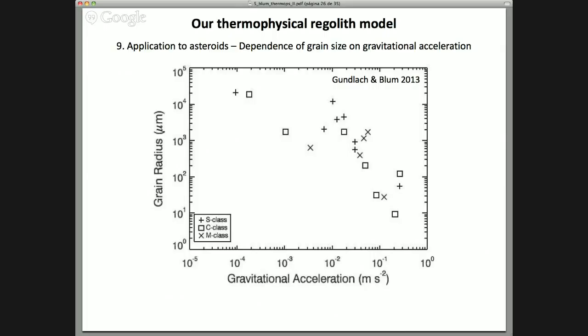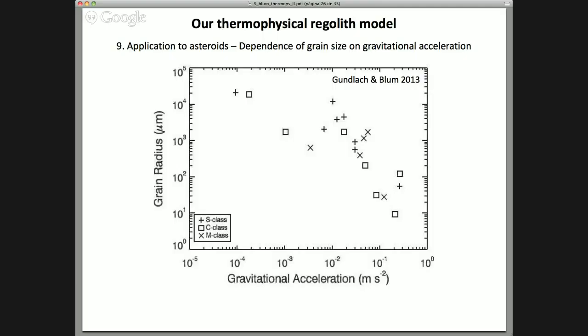The higher the gravitational acceleration, i.e. the bigger the body, the smaller the regolith is on average. There's a lot of scatter here, but the small bodies typically have the large regolith grains, whereas the large bodies have the small grains. And one can, of course, readily explain this without a model: this is gravitational acceleration, so escape speed also scales with that value.